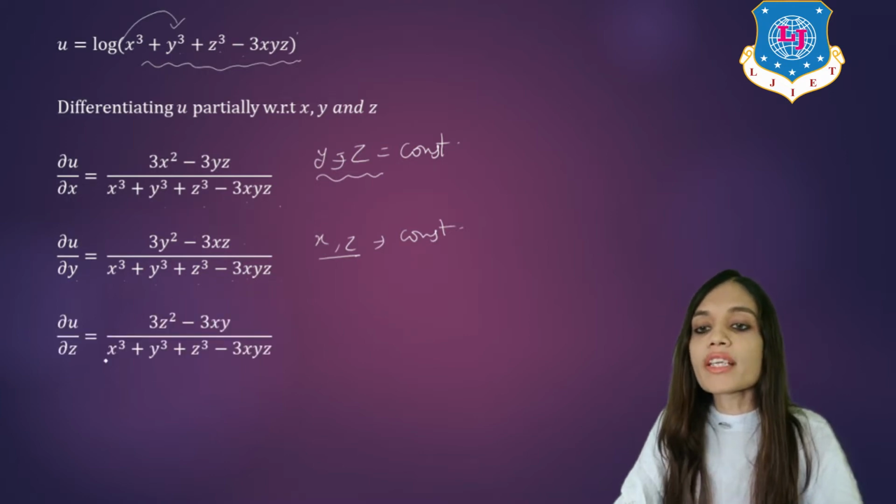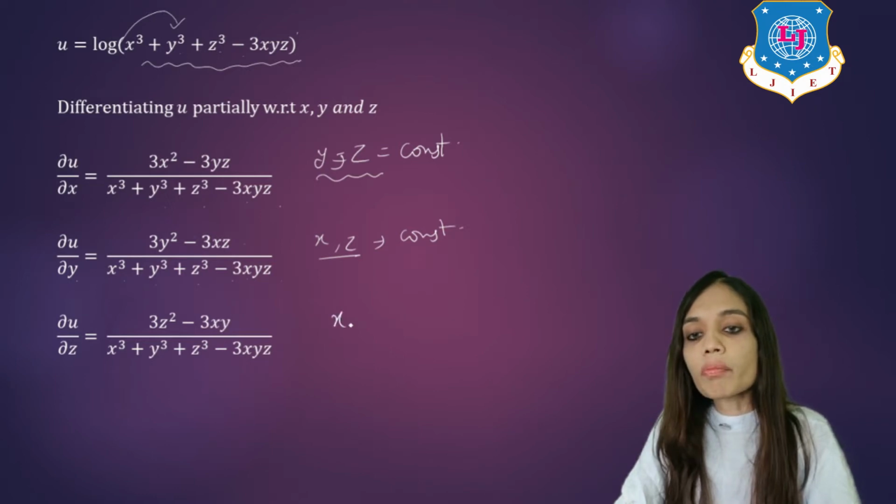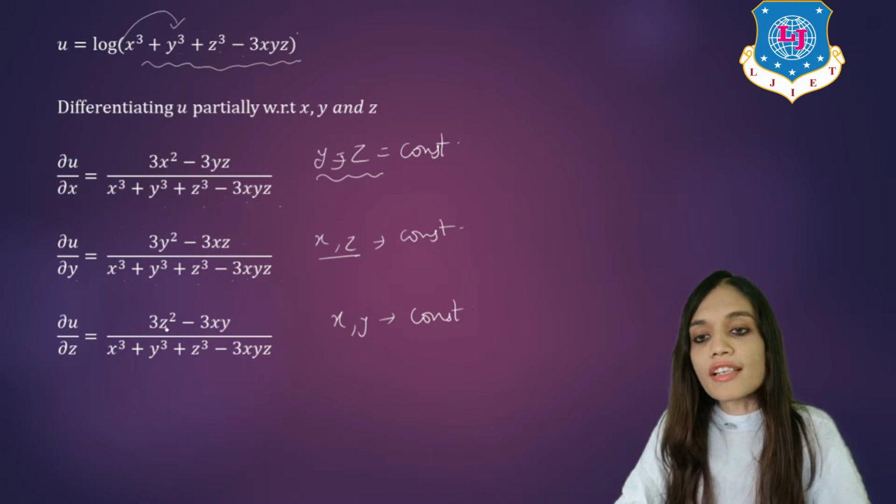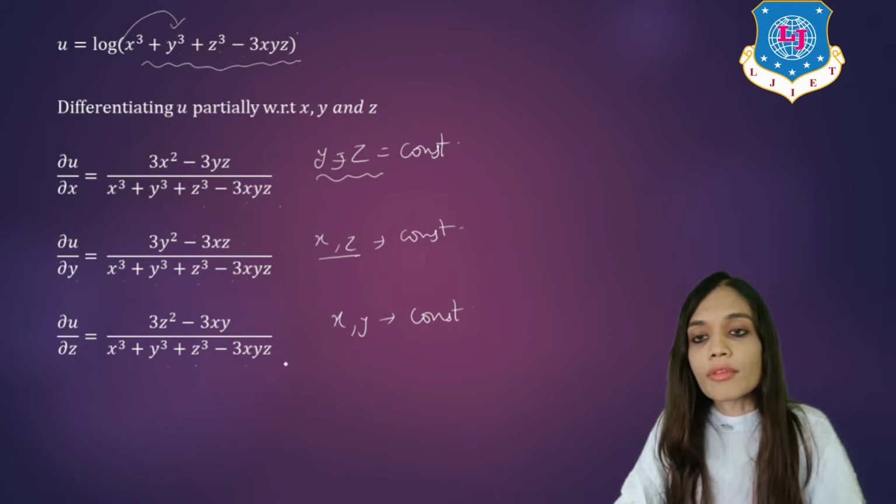Similarly, find del u by del z. In this, which terms do you have to keep constant? You have to keep x and y constant. Keeping x, y constant, find del u by del z. So del u by del z will be equal to 3z square minus 3xy upon x cube plus y cube plus z cube minus 3xyz.